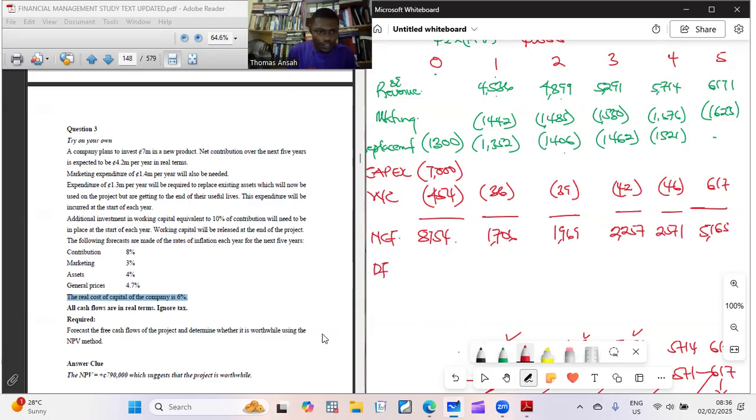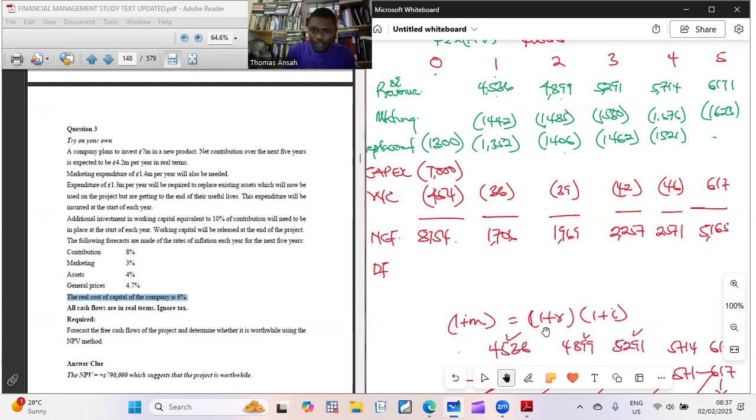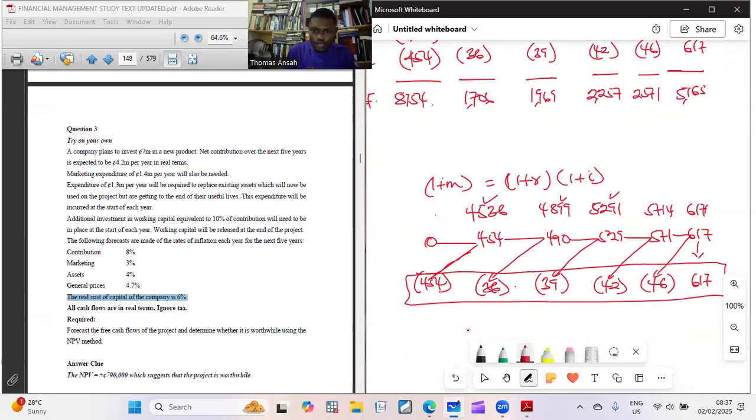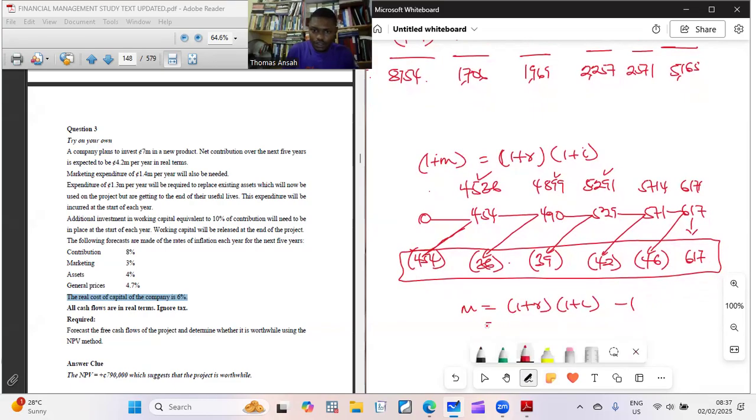So the discount factor was given in real, but if we want the money, this is the formula we said the last time: 1 plus r into 1 plus i. And I said that you can just go straight forward and do m is equal to 1 plus r multiplied by 1 plus i, minus 1. So our real rate is 0.06, multiplied by 1.047 general price, minus 1.